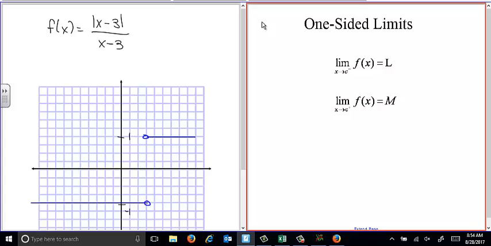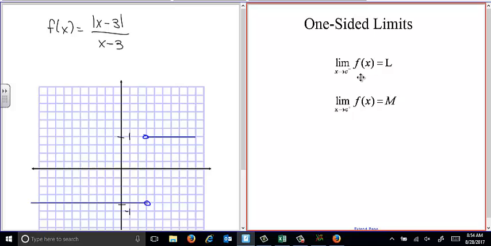As you can see by the flow chart, evaluating one-sided limits is pretty much the same as evaluating two-sided limits. And for most of the cases, the limit as you approach from the left-hand side is equal to the limit as you approach from the right-hand side. So we're not really going to be learning a whole lot new as far as technique.